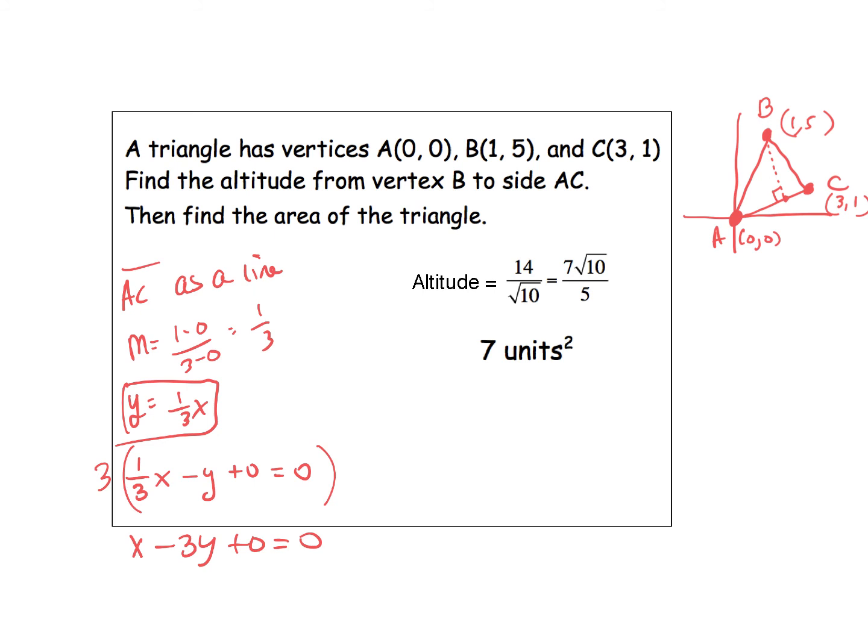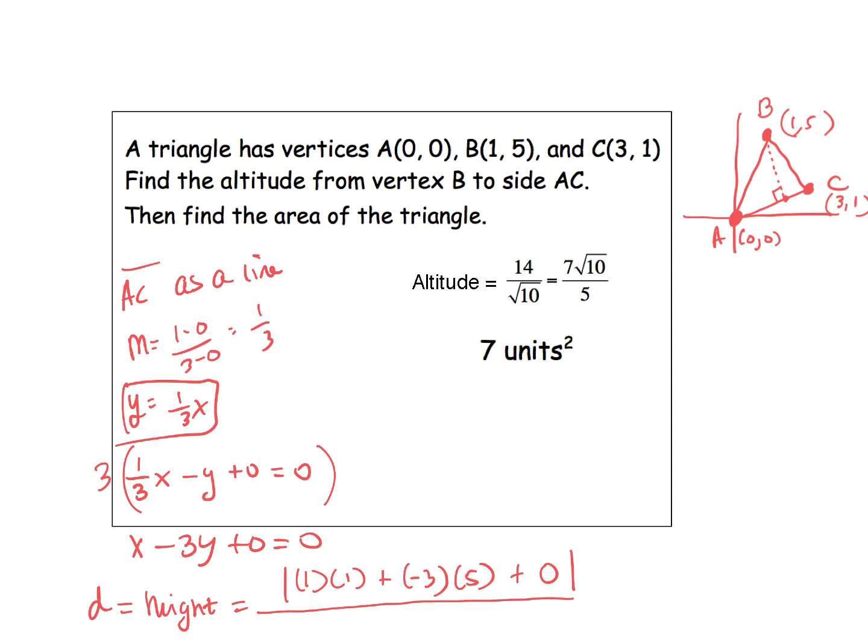My point that I'm working with is point B, which is (x, y) = (1, 5). Okay, so our distance for the height of the triangle is equal to the absolute value of ax, so 1 times 1, plus by, so -3 times 5, plus c, or 0, divided by the square root of a squared plus b squared, 1 squared plus -3 squared.